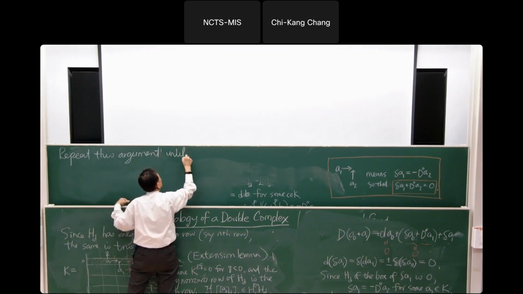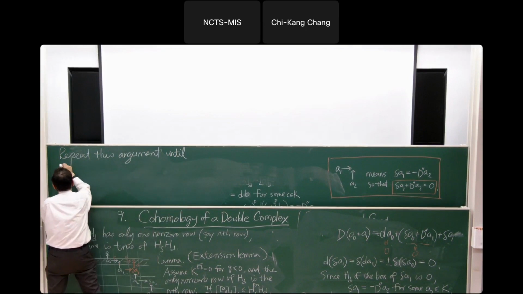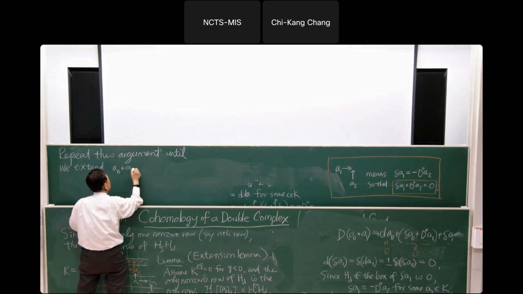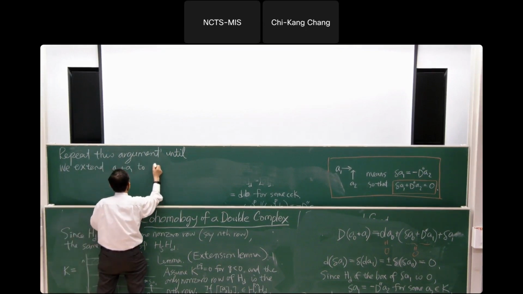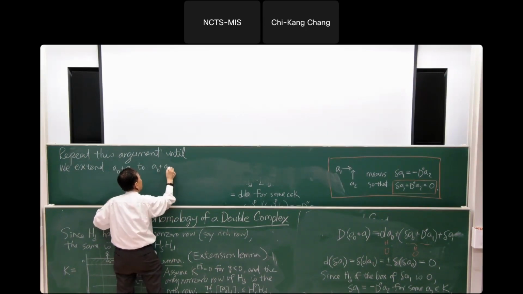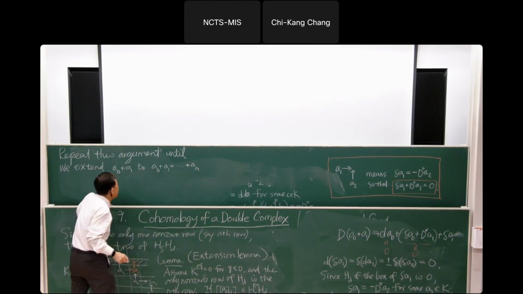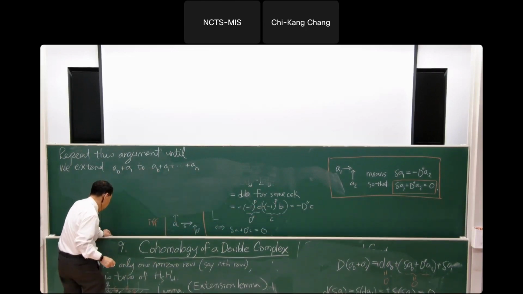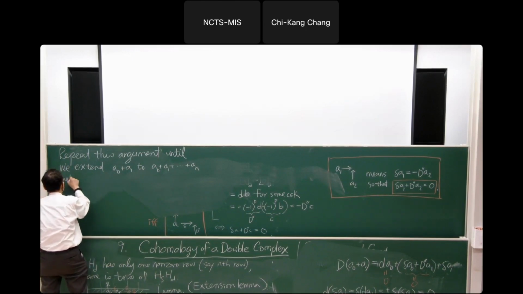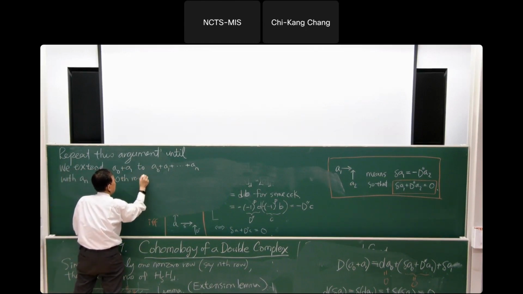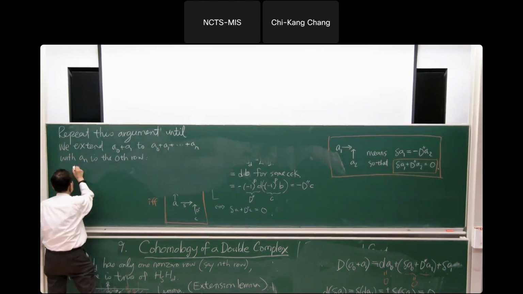Until we extend A0 plus A1 to AN, with AN in the bottom row, in the 0th row.